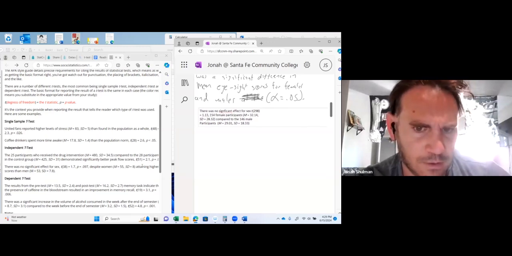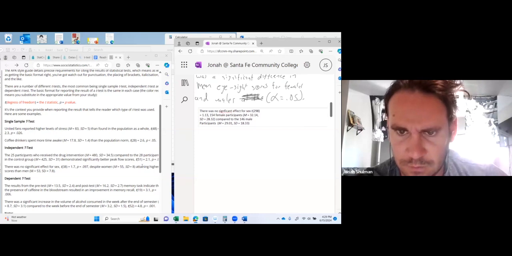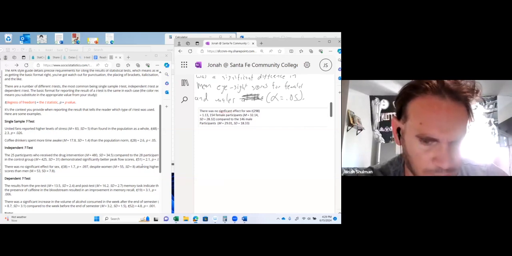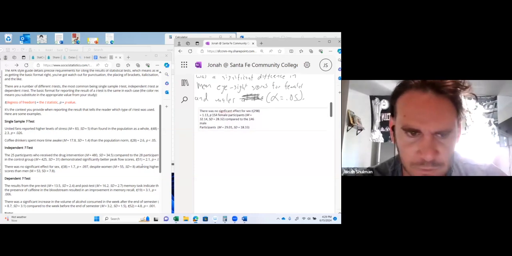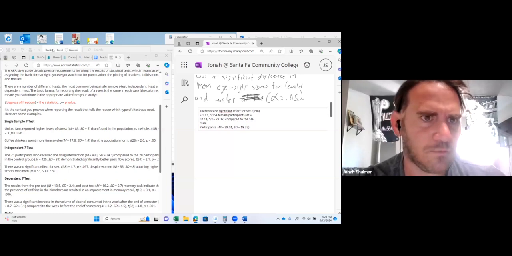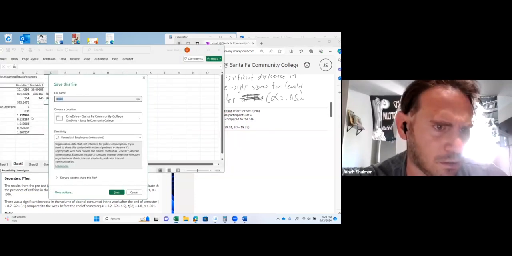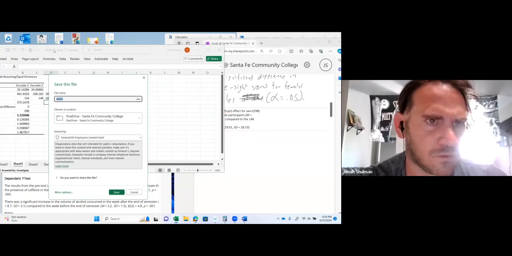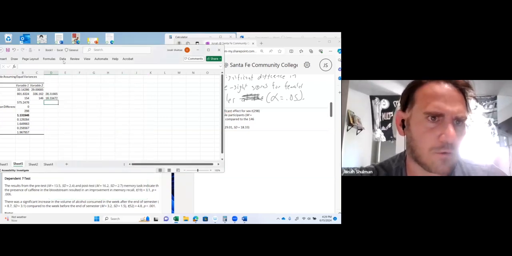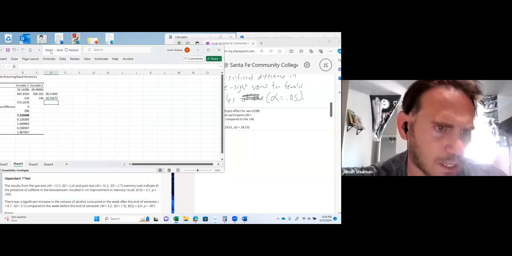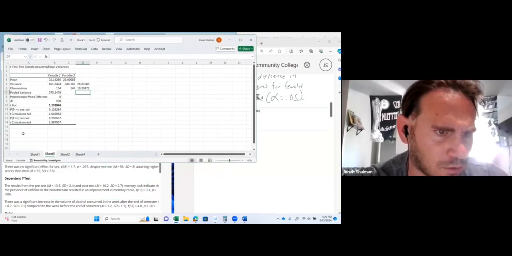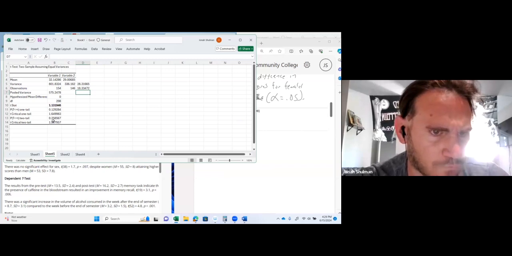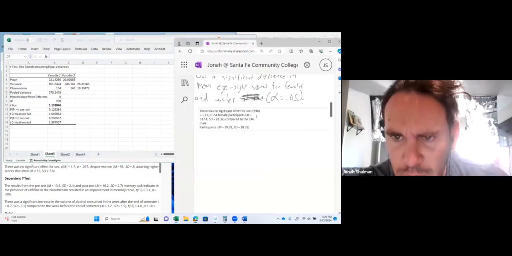And then I put comma, and they want the p-value. So we'll do p is equal to whatever the p-value was that we got. Our p-value for the two-tailed test was 0.259.